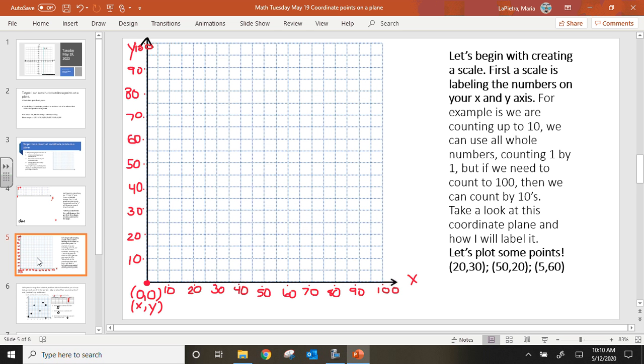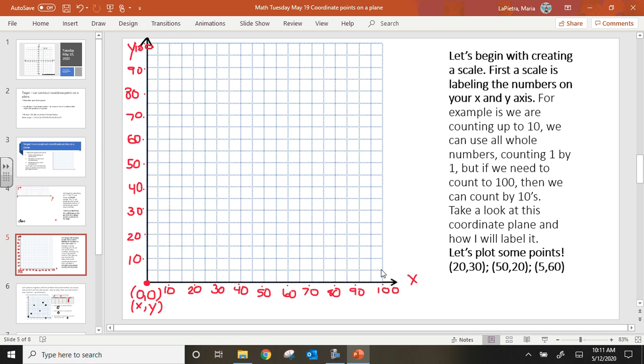So we're going to make a scale. For example, if we're counting up to 10, we can use all whole numbers, counting one by one. But if we need to count to 100, then we can count by tens. It will be quicker and you can fit it on your coordinate plane.